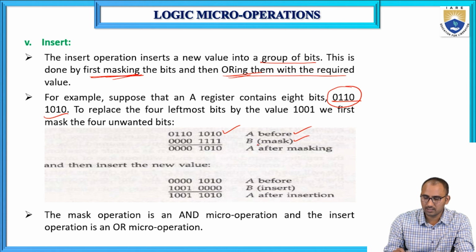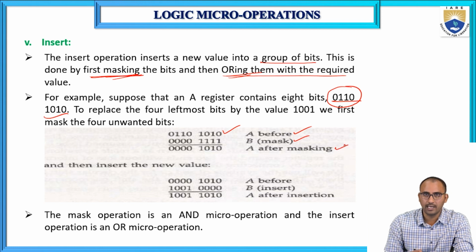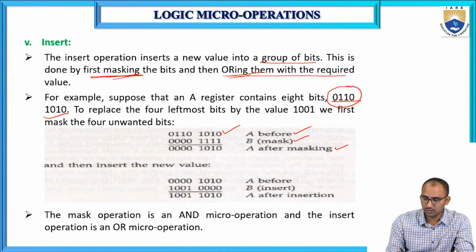After performing masking, what are the contents of register A? What we are doing here is performing an AND operation. So see here: 0 AND 0 is 0, 1 AND 0 is 0, 1 AND 0 is 0, 0 AND 0 is 0.